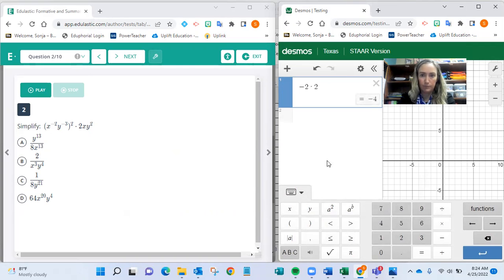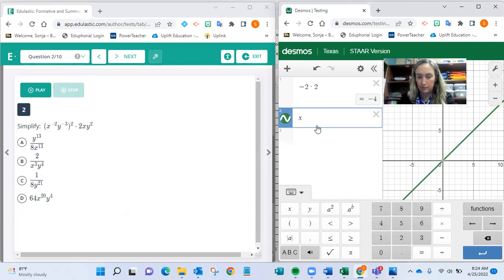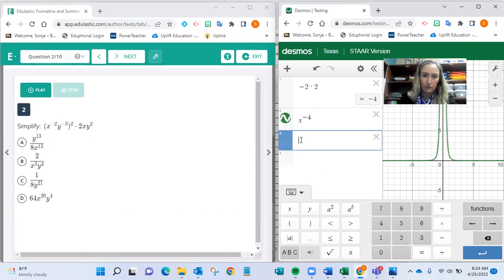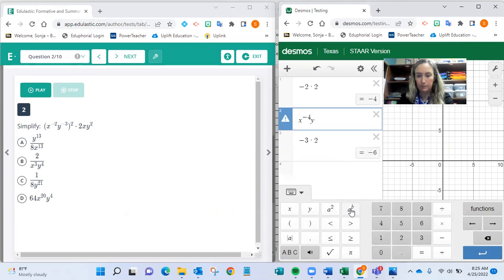So I should get x to the power of -4. And then my y's would be -3 times 2, which would give me a y to the power of -6.